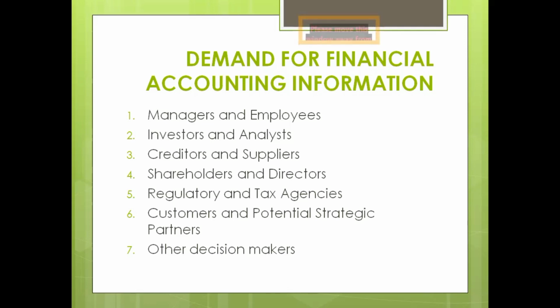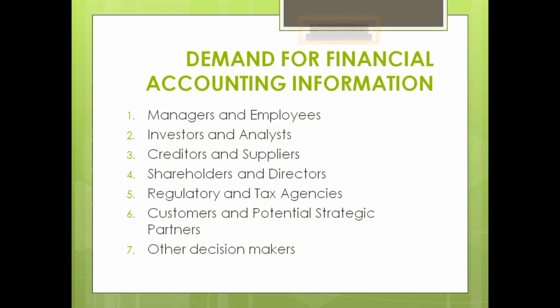The third, creditors and suppliers. Okay. So why do creditors and suppliers demand financial accounting information? Creditors, for example, the banks and other lenders. They need financial accounting information to help determine loan terms, the loan amounts, the interest rates, and required collateral.